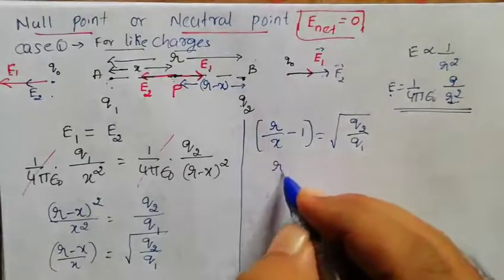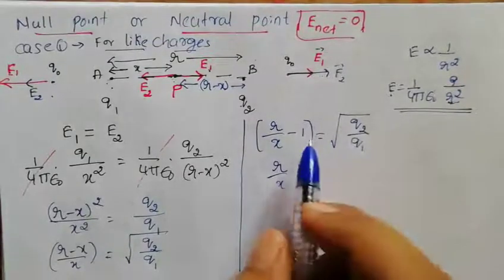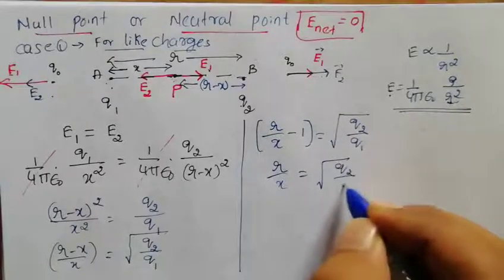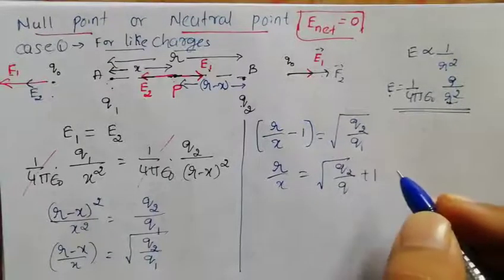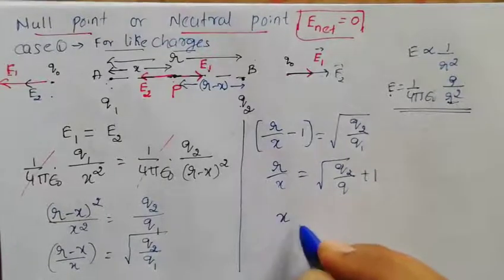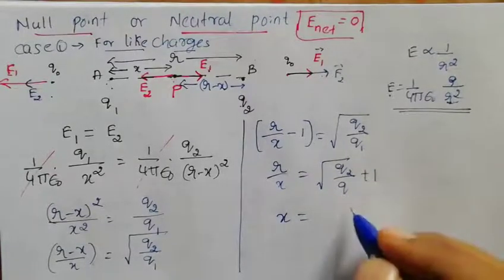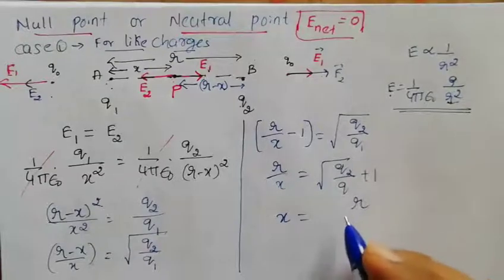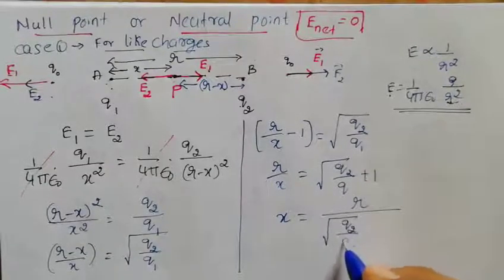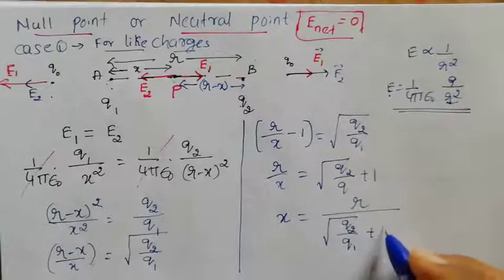So R by X is equal to square root of Q2 by Q1 plus 1, with the minus 1 coming to this side. Now we want the value of X, so I can write directly X equal to R divided by square root of Q2 by Q1 plus 1.